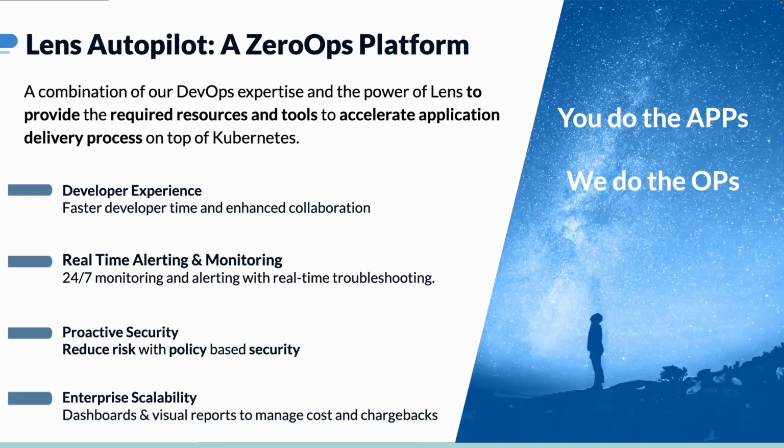Our motto behind that is a zero ops platform. It's the same as what I referred to for Amazee.io. Amazee.io again is a zero ops platform approach where you would be doing the apps and we would be doing the ops, right? And Lens Autopilot is the same. So Lens Autopilot is focused around the tooling for these Kubernetes clusters. Again, the focus is you would be doing the apps, so you would be doing the development and innovation in your applications.